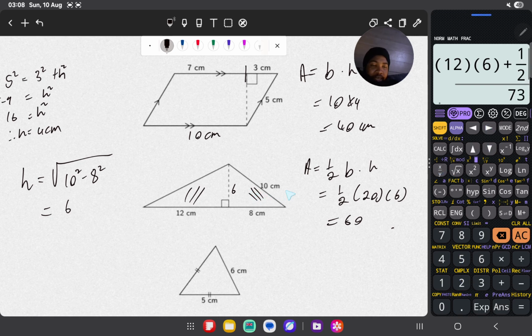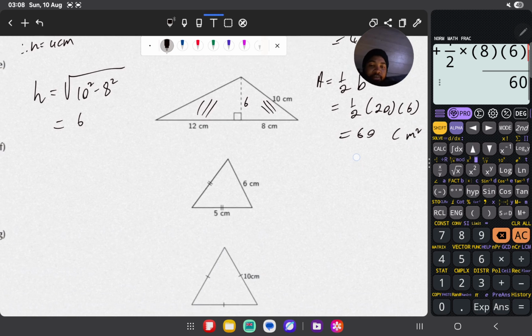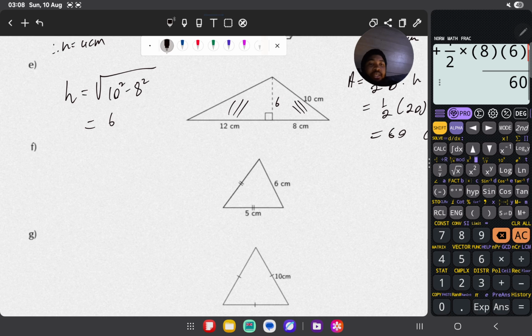Now I'm calculating the area on the right hand side, half base, which is 8, times height, which is 6. We're getting exactly 60 centimeters squared. So this is just to boost your confidence on the formulas we use.